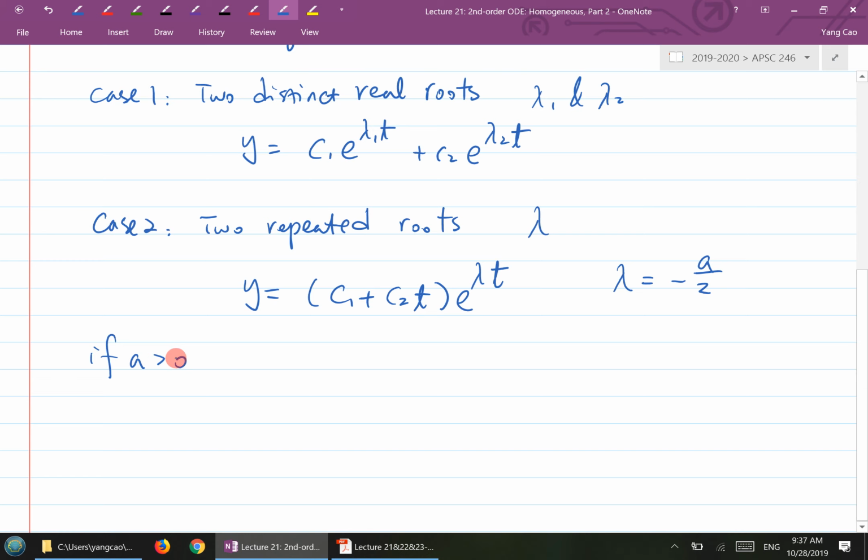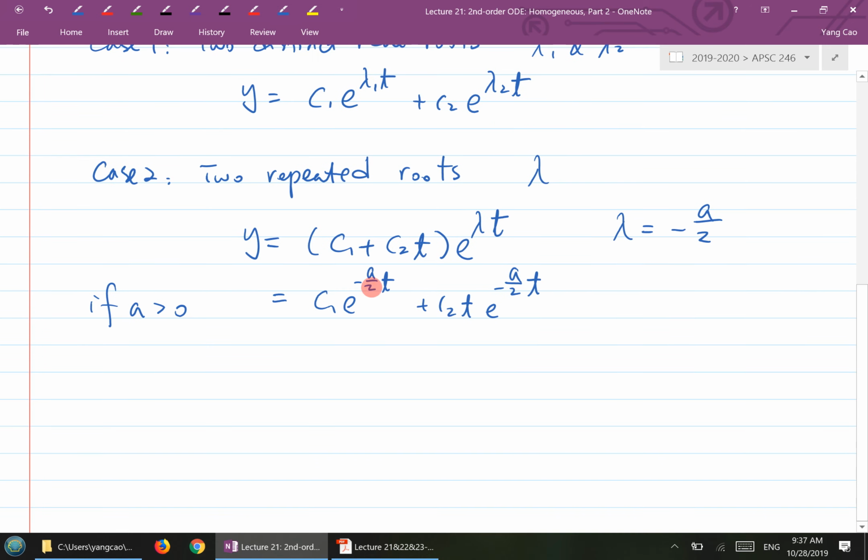If a is greater than 0, then you can see the solution here is c1 e to the power negative a over 2 t, plus c2 t e to the power negative a over 2 t, right? The first term is e to the power negative a over 2 t.